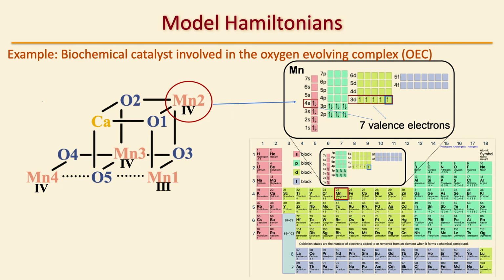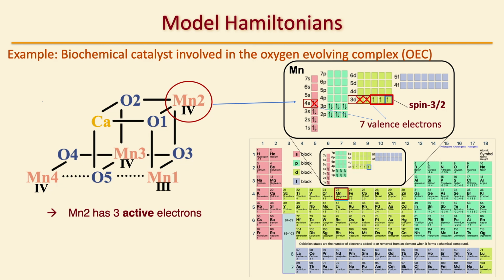In particular, this manganese of the so-called oxidation state 4 means that 4 of these valence electrons are used for covalent bonds, which means that we have 3 left over that are active. And these 3 act as a spin 3/2. So this is where these high spins come from.